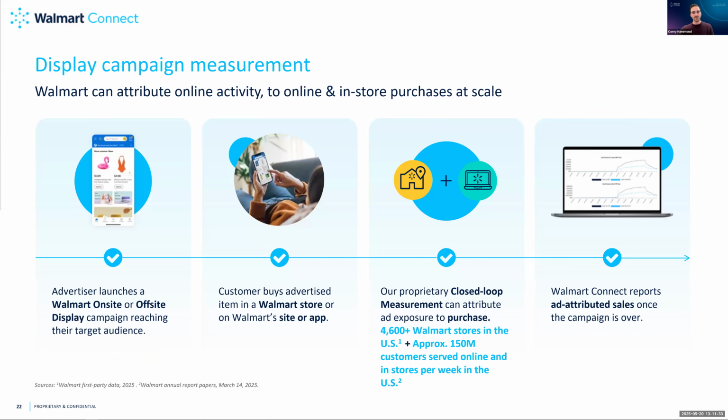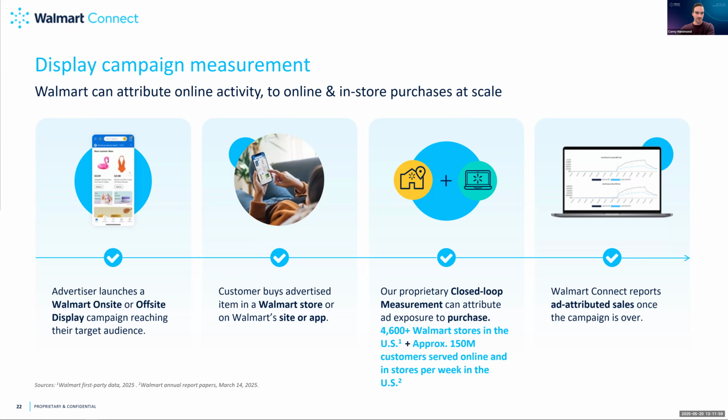Lastly, I'll touch on measurement and reporting. This is one of the key things about Walmart that's important. We have a closed loop measurement that can attribute online activity, including ad-attributed sales. These are purchases made by approximately 150 million customers that we serve both online and in-store each week across our 4,600 stores.